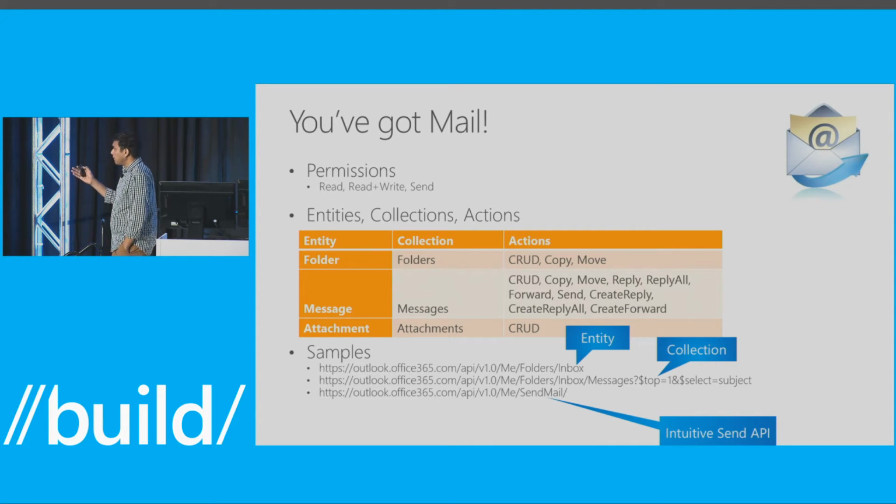But basically, the structure is that after the endpoint, there is a placeholder called me. Me is the logged in user. So rather than give the whole user's SMTP address or ID, you can just substitute that with me. And the service will understand based on the token it receives that, OK, you're talking about John at contoso.com.